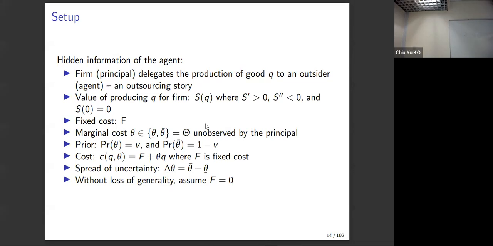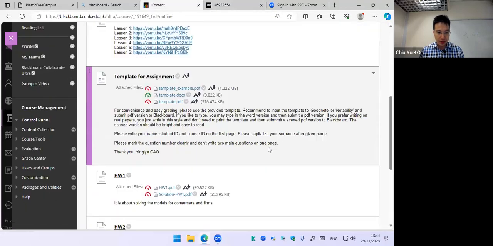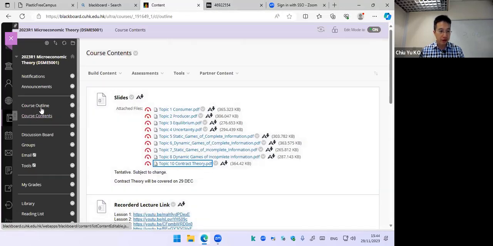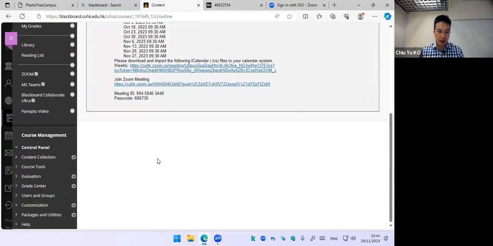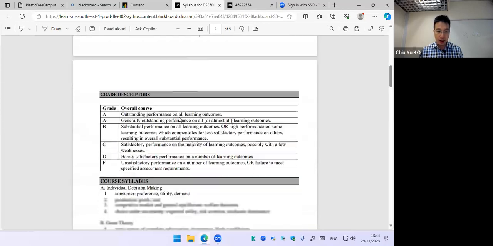So the setup, okay, we focus on the simplest model. In case you are in doubt, I should tell you which book to look at when you get confused or you want to look further. There are many textbooks for contract theory.